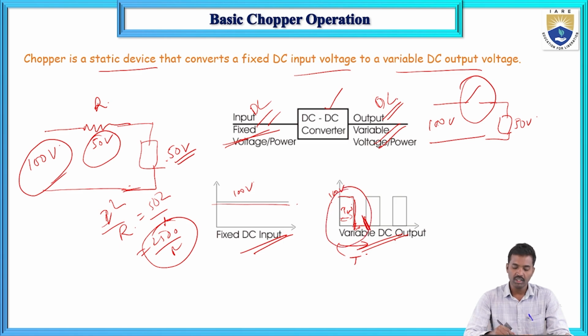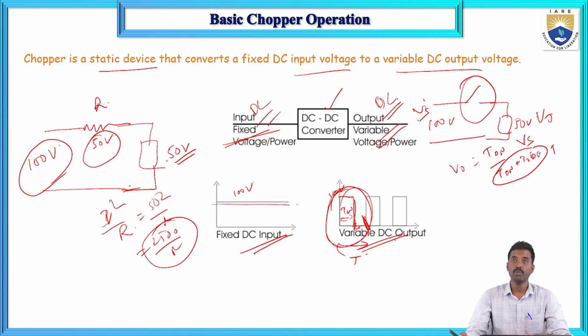Now by taking the average value, the output voltage V0 equals T on divided by T on plus T off, that is the time period T, into Vs, the supply voltage.